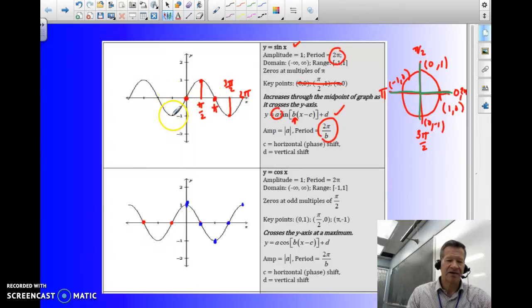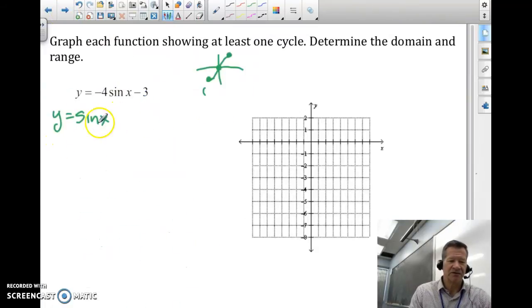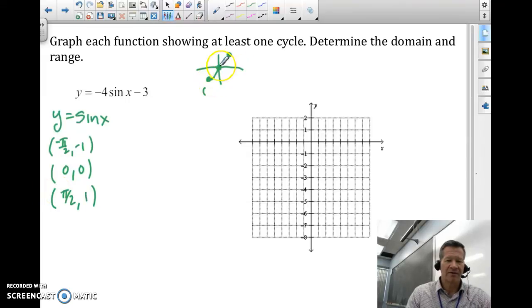This minimum right here will be at negative pi over 2, then 0, 0, then pi over 2, 1. Those are 3 really good points to use as we start graphing this function by transformations. So we're going to use negative pi over 2, negative 1, 0, 0, and pi over 2, 1. That way I get this minimum, this 0, and this maximum.